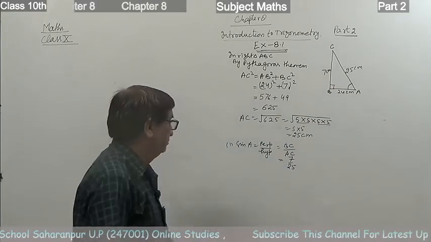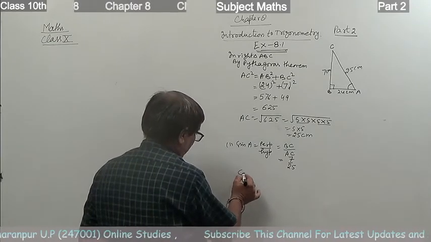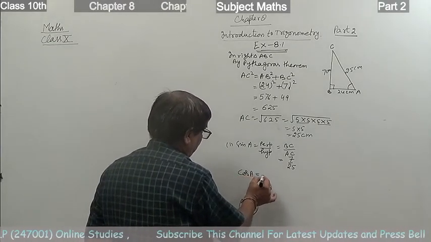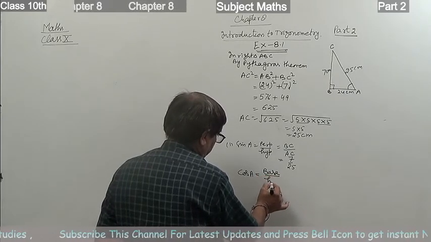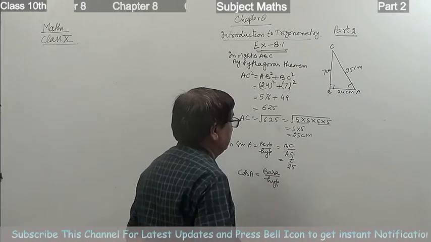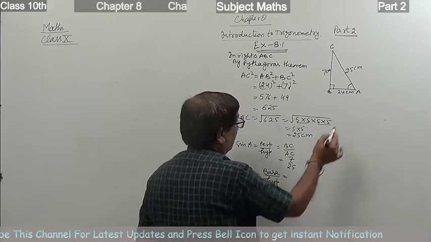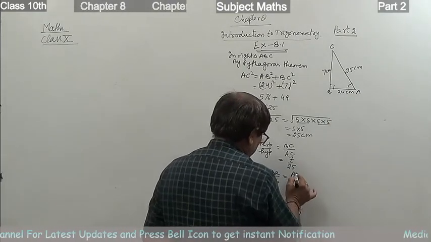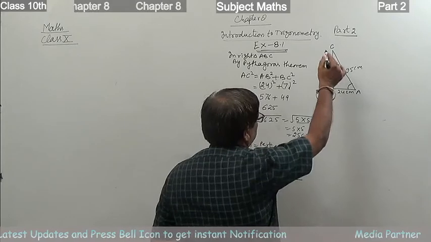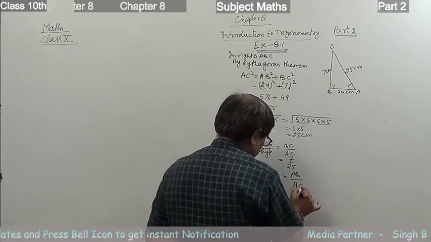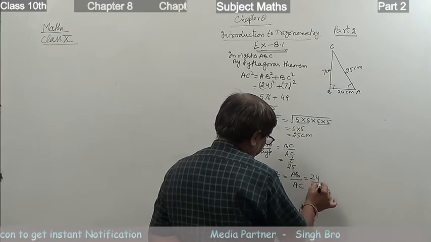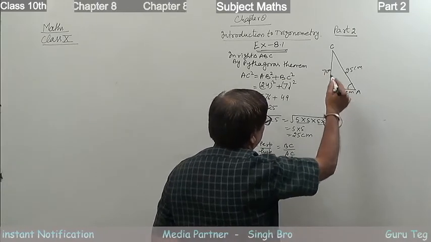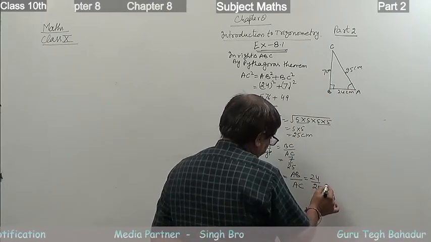Now cos A, formula of cos is base upon hypotenuse. For angle A, base is AB, hypotenuse is AC. AB is 24 and AC is 25.